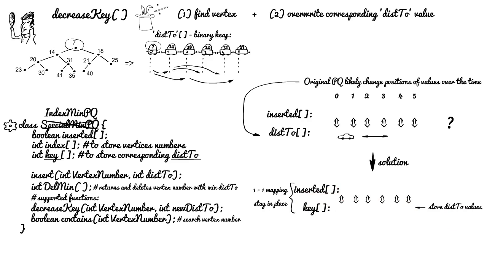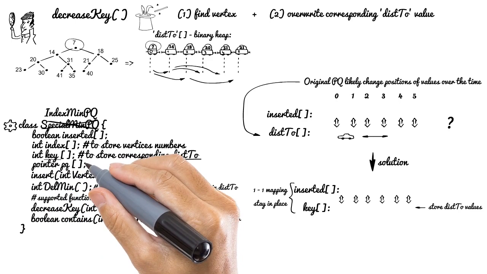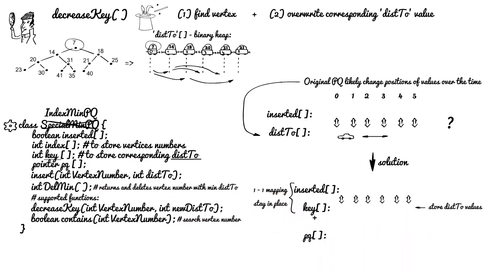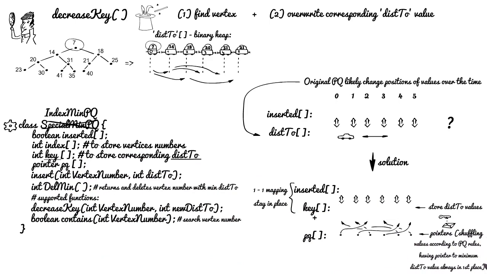But to keep PQ functionality, we need to introduce an additional PQ array, whose values will be pointing to the key array. And the PQ array, instead of the key array, will actually be shuffling its values, pointers, according to PQ rules when we add or delete values. We didn't discuss full implementation details, but shared main ideas for Dijkstra algorithm, which builds SPT.